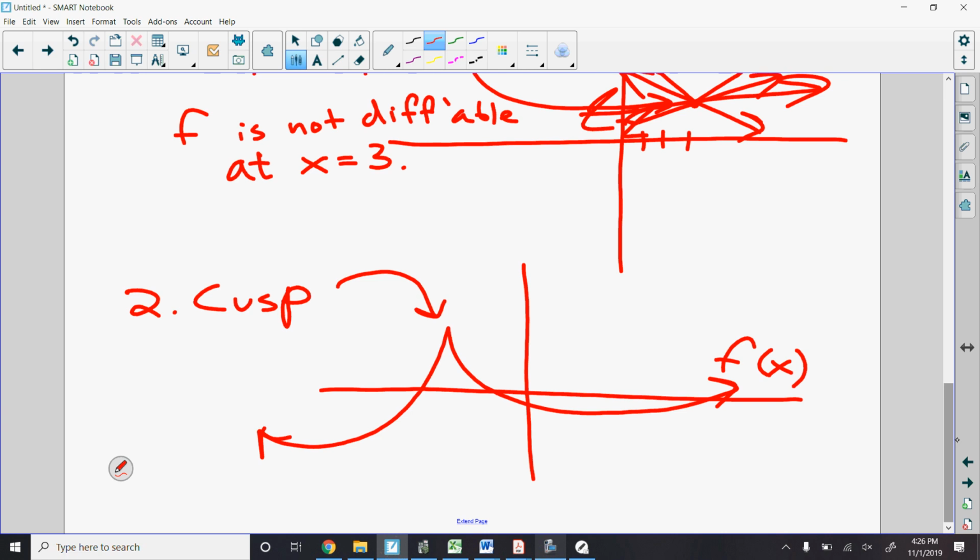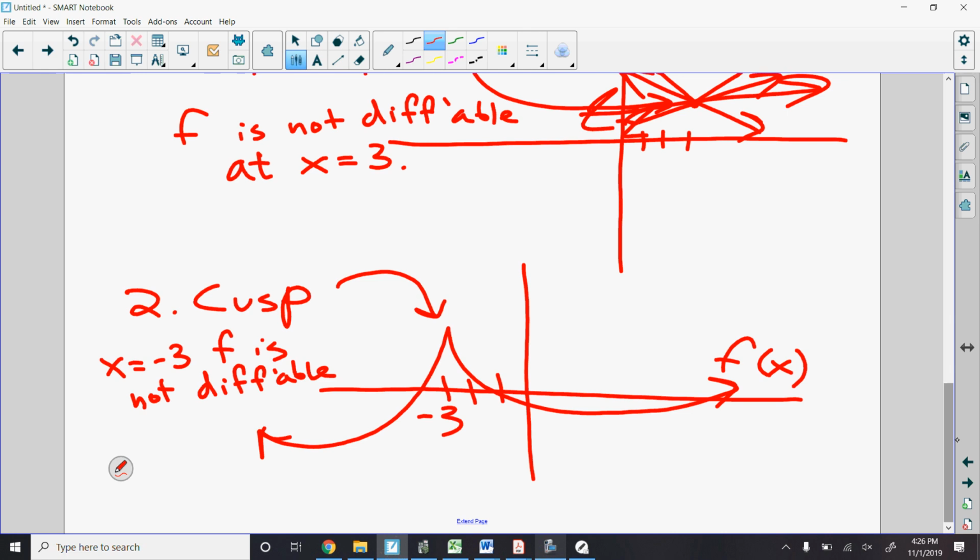So this graph would be not differentiable at whatever x value that is. So corners and cusps are common problems to our differentiability.